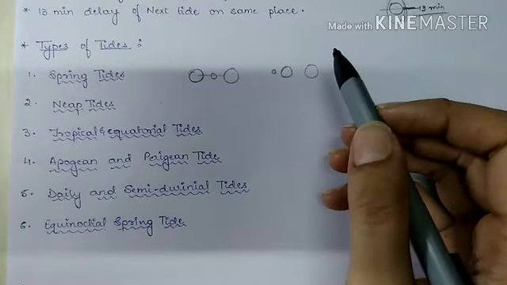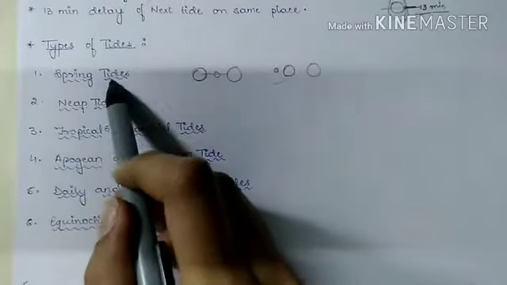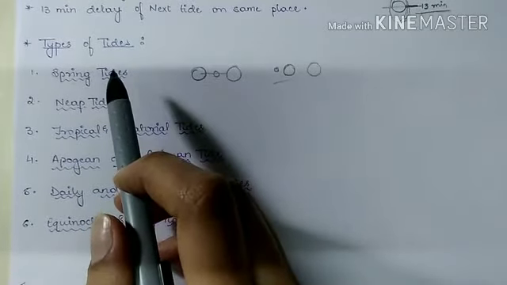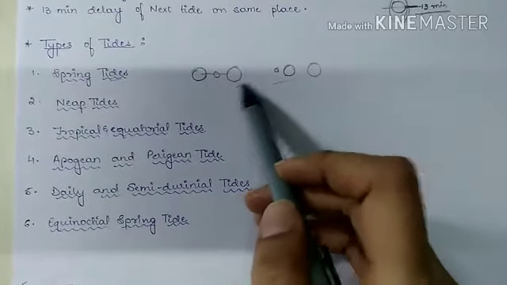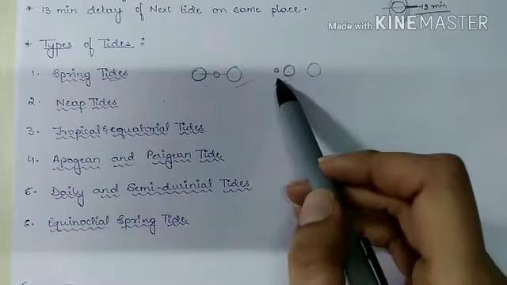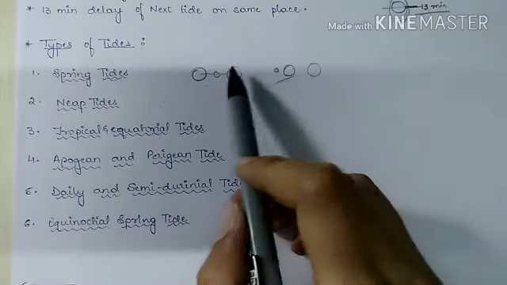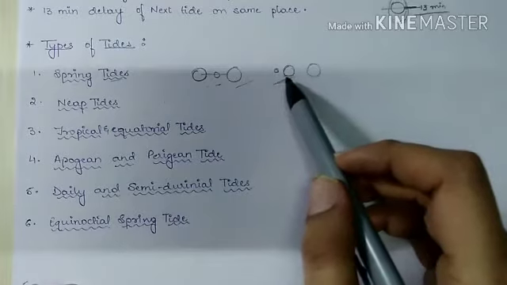Okay, and during this time we have spring tides that are caused, and during this position we have full moon and new moon that occurs. Okay, so at this time we have full moon and new moon occurring.